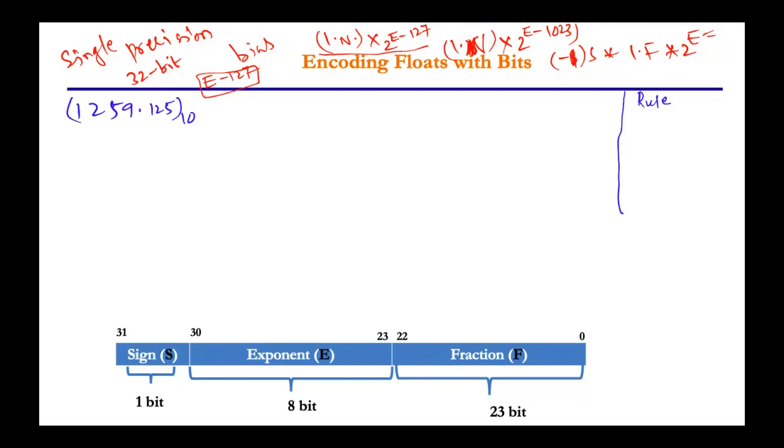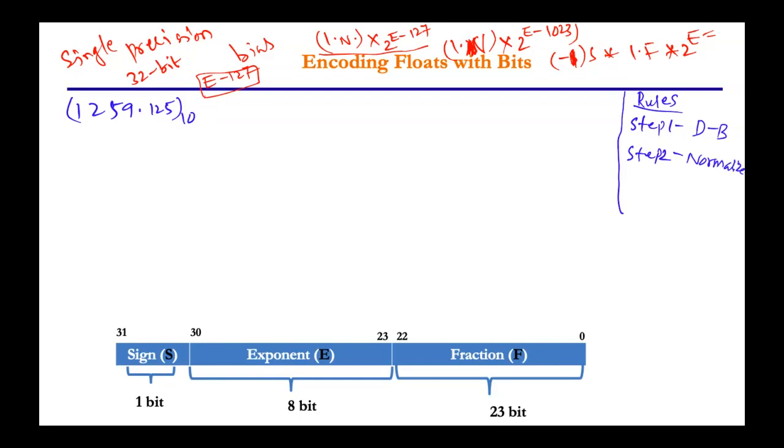What is that rule? The rule says that there will be three steps. In step 1, convert this decimal to binary. Then in step 2, you should normalize it.